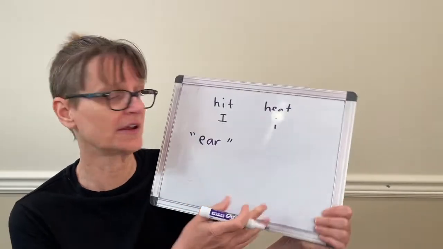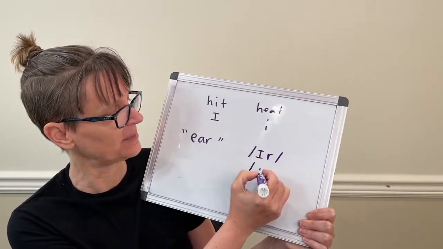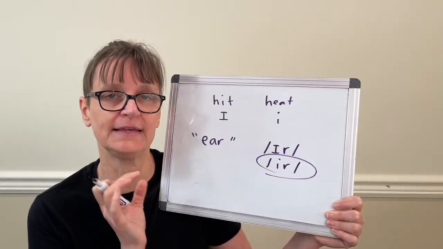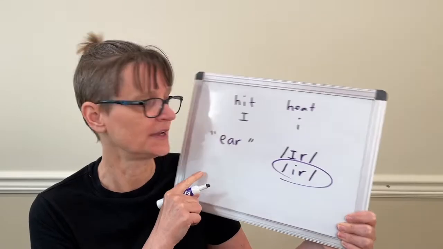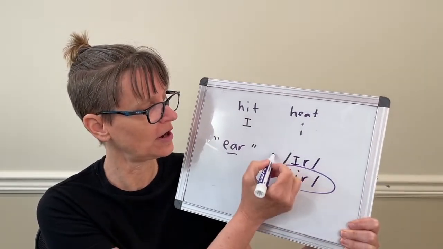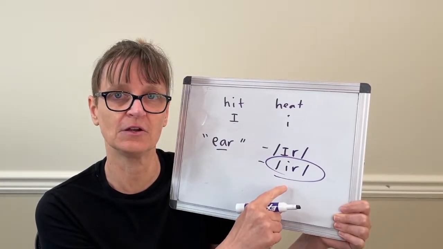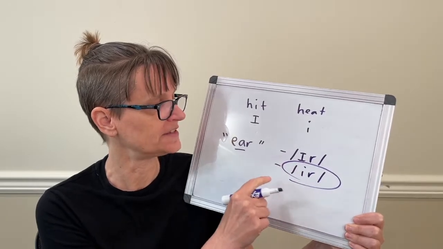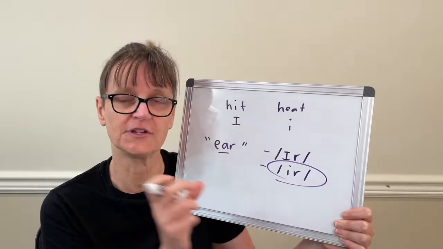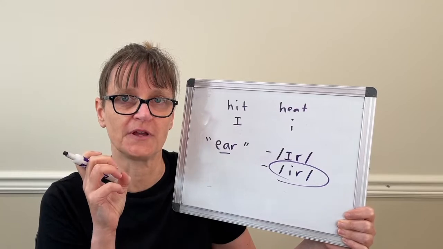In the dictionary, some dictionaries are going to mark that with the I vowel, and some are going to mark it with E. In my opinion, ear is a little bit more tense, but it's its own diphthong. So regardless of how the dictionary marks it, the sound ear is its own sound. There are two letters here, but it's just gliding from one position to another.